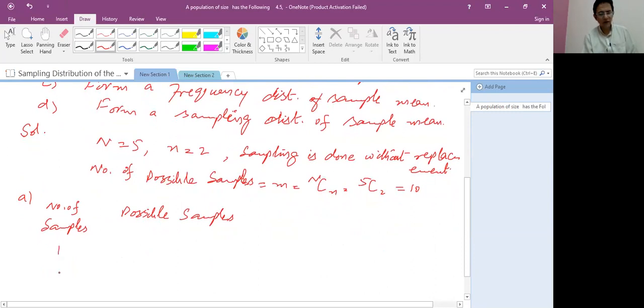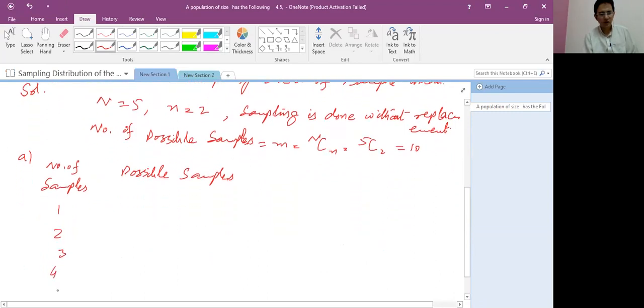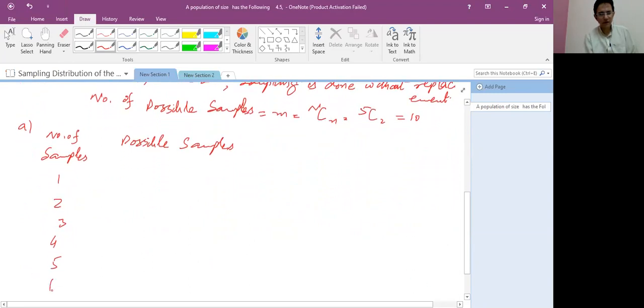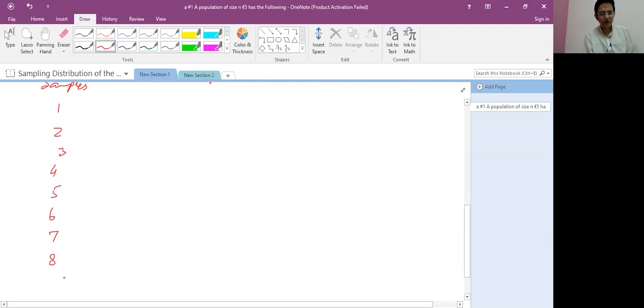There are 10 samples, so first we write here 1, 2, 3, 4, 5, 6, 7, 8, 9 and 10. So there are 10 samples.